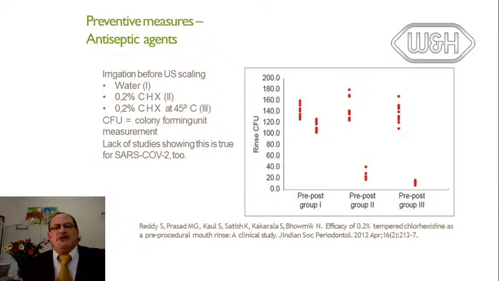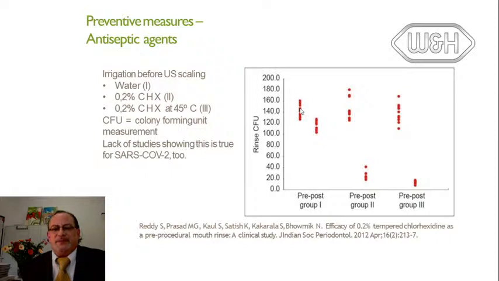Concerning the question what irrigation should be used before treatment, there was a comparison done by Reddy et al. in the year 2012, and there was a comparison between water, chlorhexidine, and chlorhexidine warmed up to 45 degrees Celsius. And the colony forming units were measured, as we can see here.